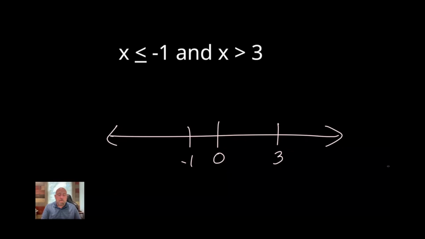Okay? And now what I want to do is I want to go through and I want to put my dots on there. Open dots or closed dots. Well, this one is going to be a closed dot because it also includes the number -1. So we're going to go here and we're going to fill in our dot right here. And then this one does not include 3. So we're just going to circle that one.